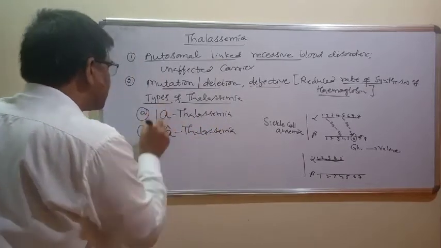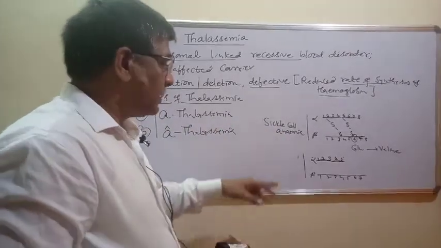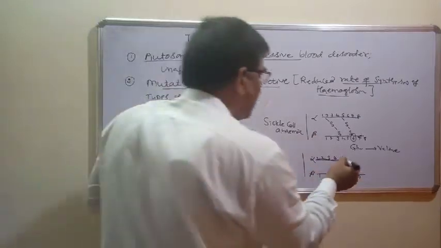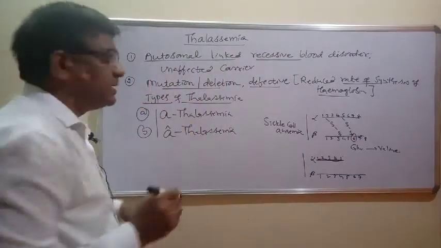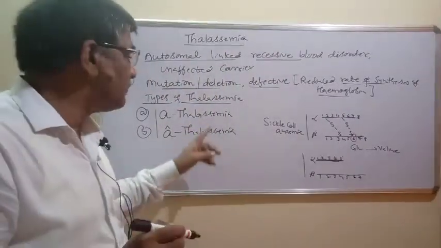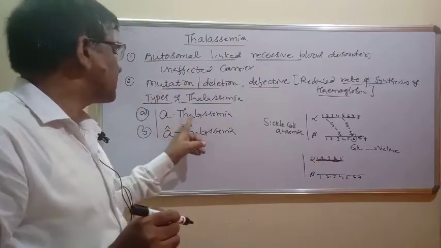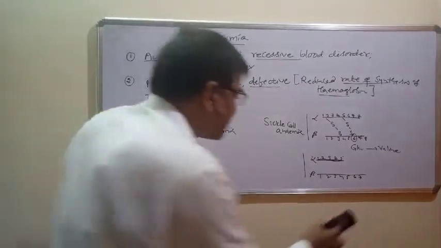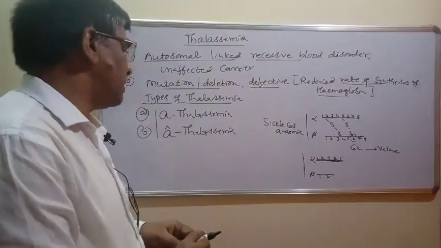Why are these different types? Just now I told you, in hemoglobin it depends on which chain is mainly affected, whether the alpha chain or the beta chain. If mainly the alpha chain is affected, then the thalassemia is called alpha thalassemia. If reduced rate of synthesis of the beta chain takes place, then it is beta thalassemia.